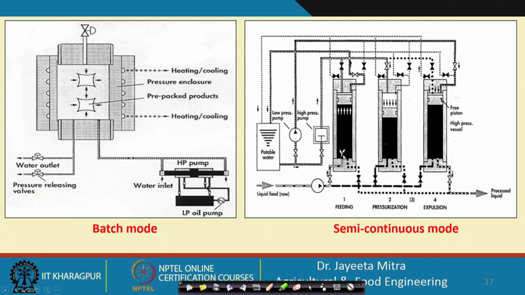The liquid food enters the chamber, and then after one stage of processing, it goes to the process liquid section, and since it is in series, for all the consecutive pressure chambers the feed is entered.